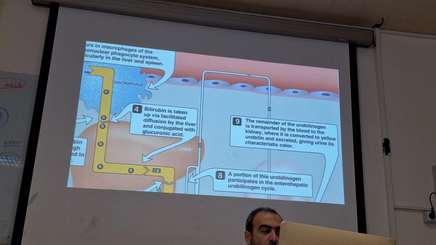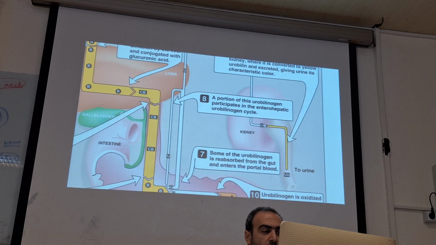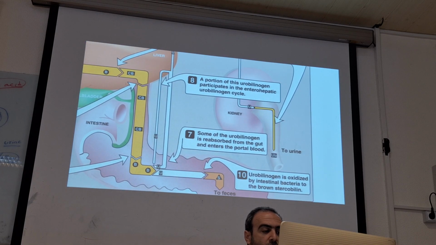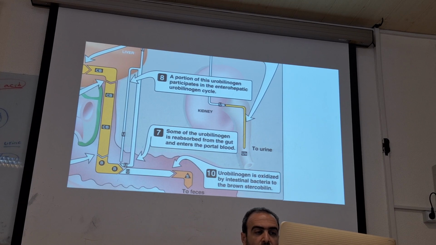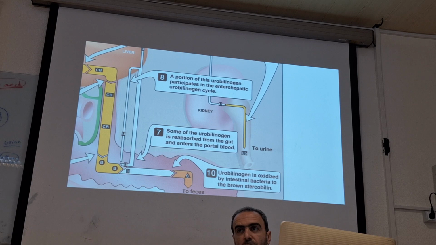But near 15% is sent to the blood circulation, to the kidney, and in the kidney is converted to urobilin. Urobilin is excreted in the urine and is responsible for the yellowish color of the urine.